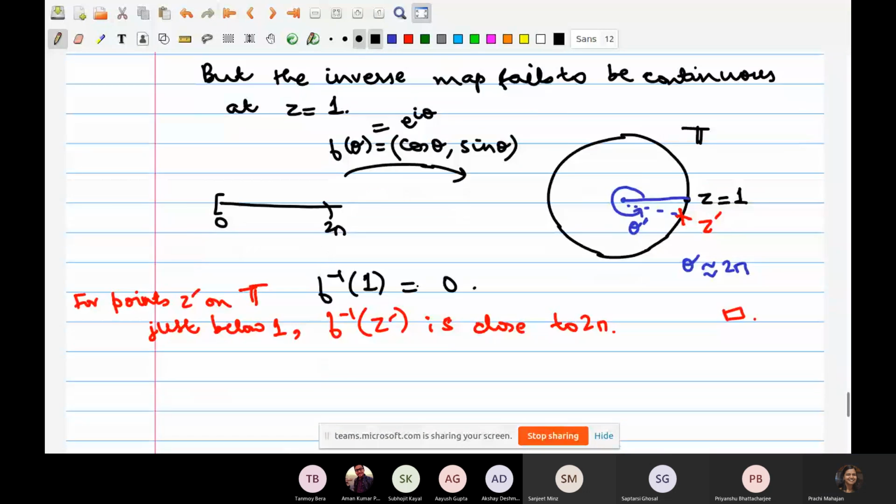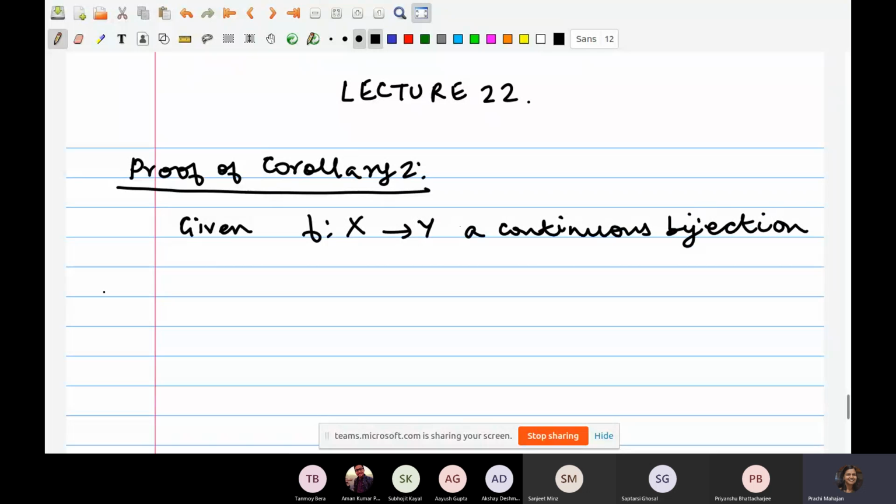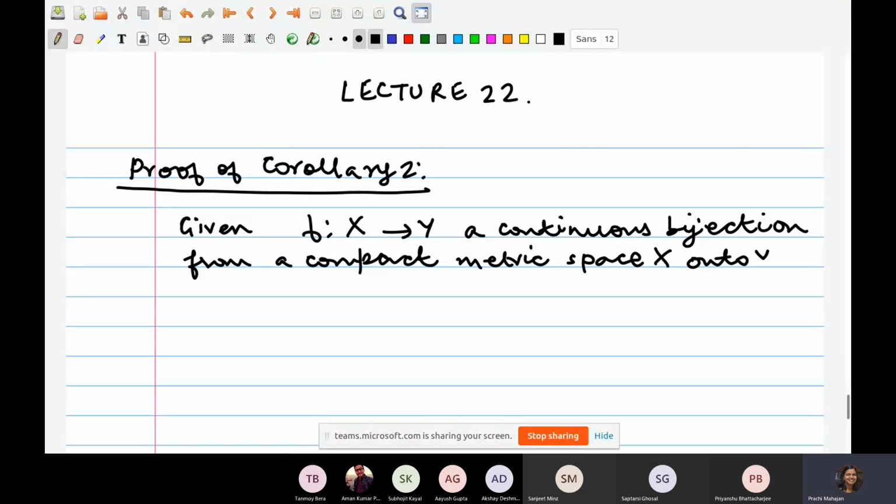So, given f from X to Y, a continuous bijection, so it is a one-one and onto map, a continuous bijection from a compact metric space X onto Y, we are required to show that the inverse map, which is defined now.